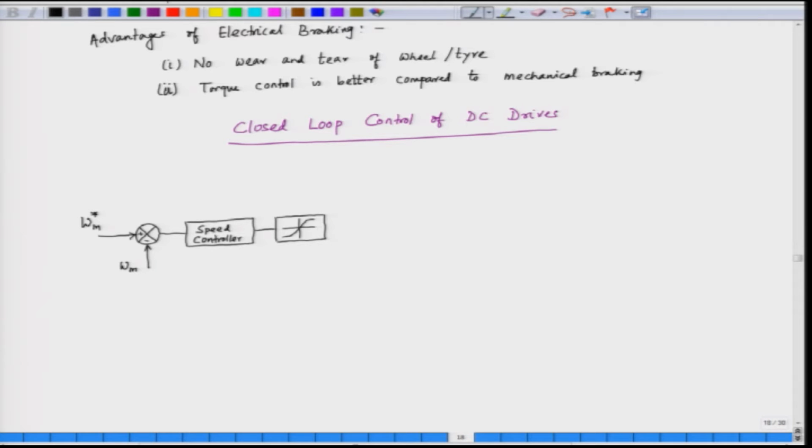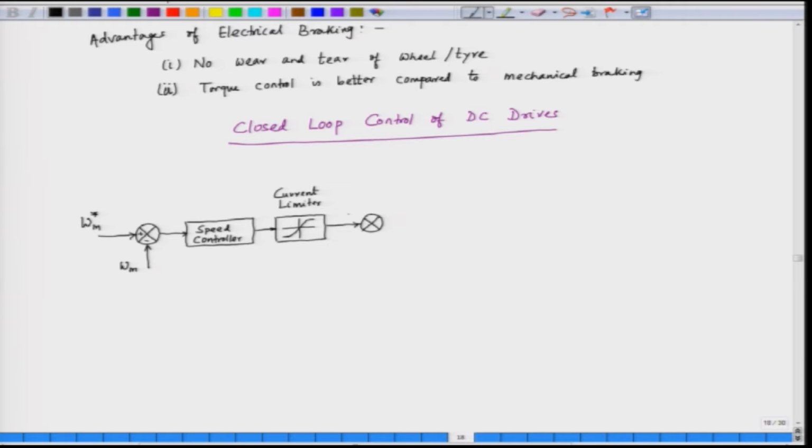This is a current limiter. And the output of the current limiter is the reference current of the motor.